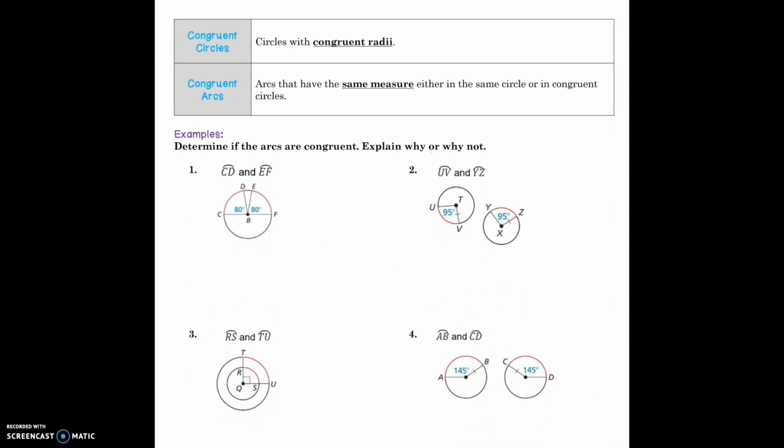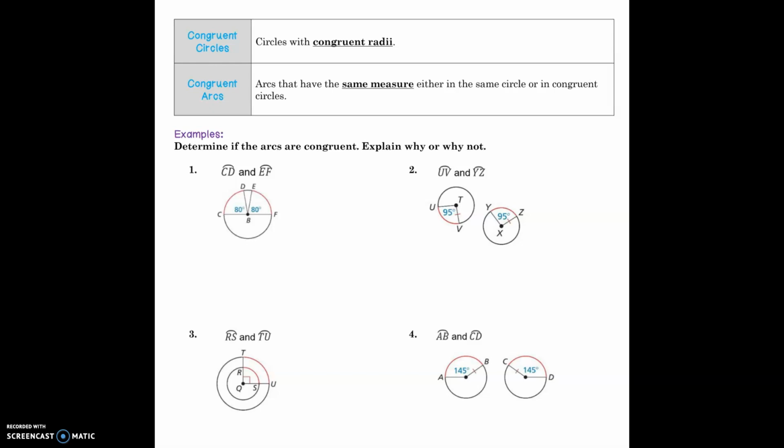Congruent circles are circles with congruent radii, so they have the same measure for their radius. Congruent arcs are arcs that have the same measure either in the same circle or in congruent circles. So we're going to determine if the arcs are congruent and explain why or why not.